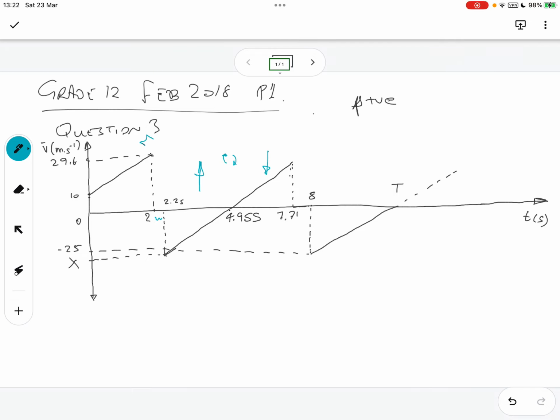I'll put a little explosive icon there and another there to show that it's hit the floor. So it's traveling down, hits the floor, comes into contact for 0.2 seconds, travels up, changes direction, travels down, hits the floor, comes into contact for a certain amount of time, then again travels up, and we don't know what else happens there.